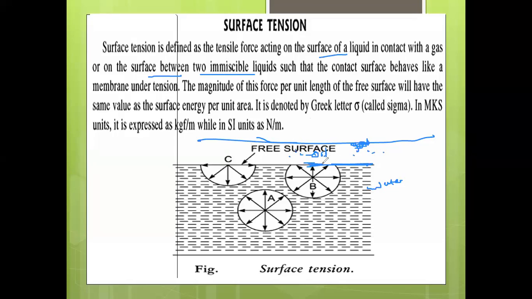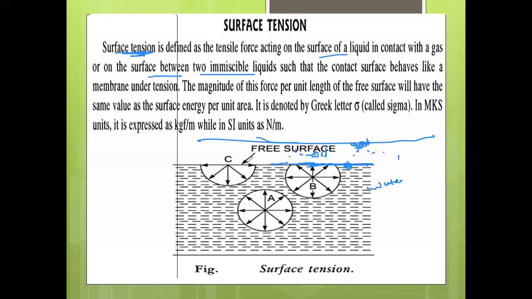Now there are two different types of surfaces. Immiscible fluids are there. Immiscible means they are not mixing with each other. At that time, a tensile force will act on this surface. Okay, and this tensile force acting on the surface is called the surface tension.